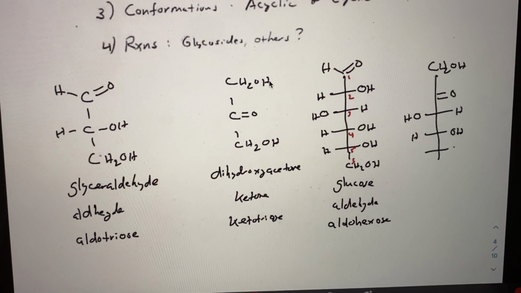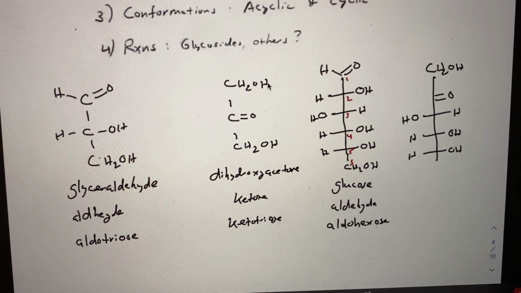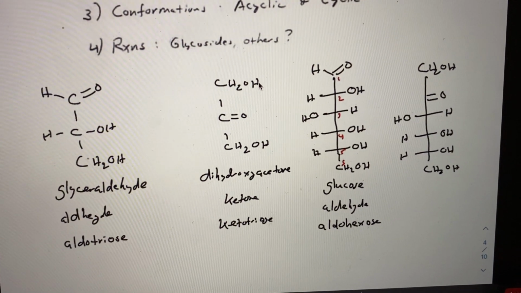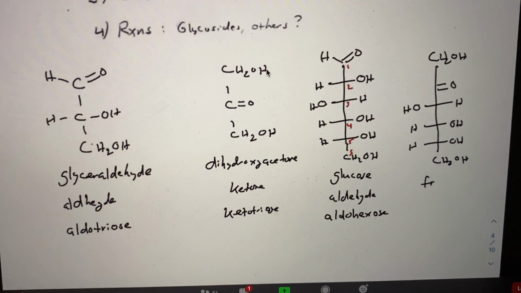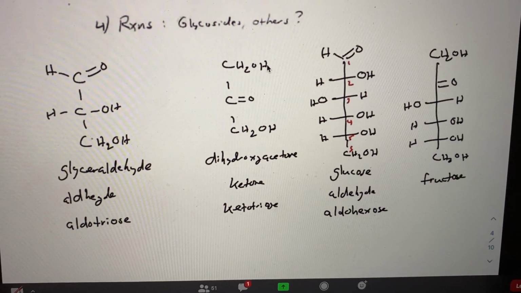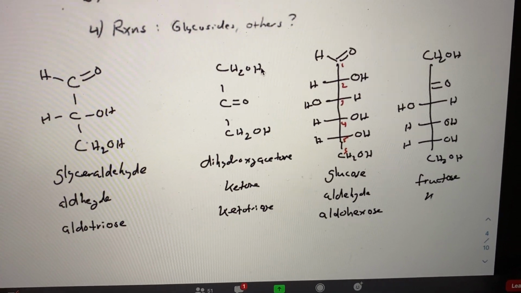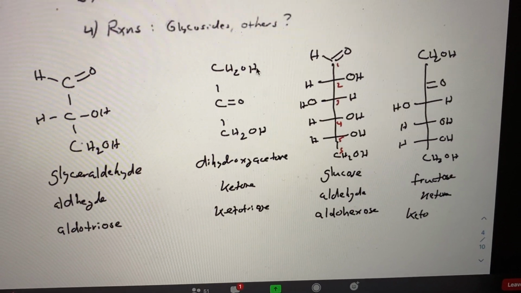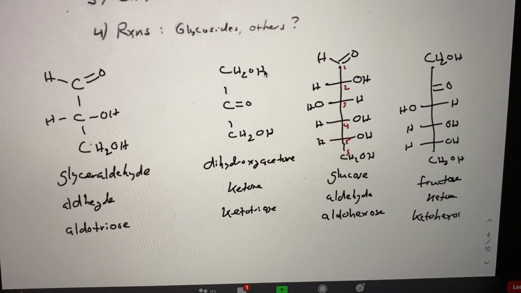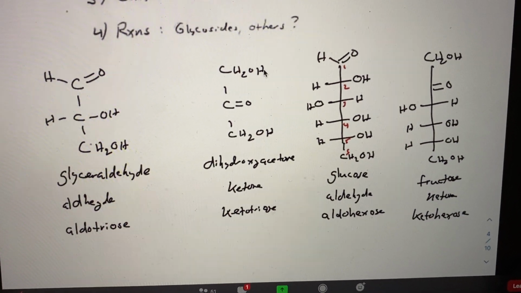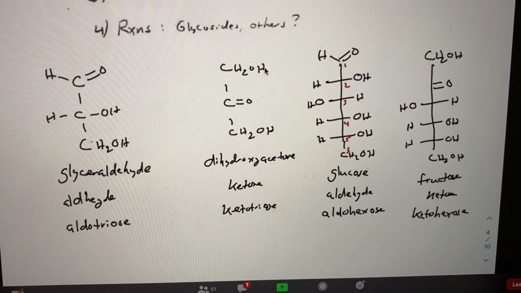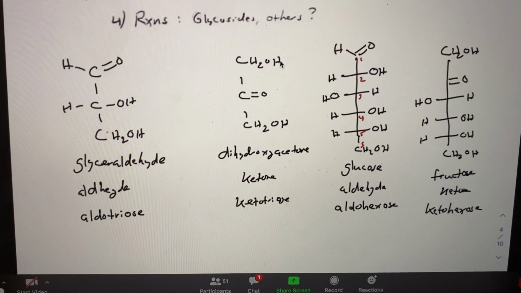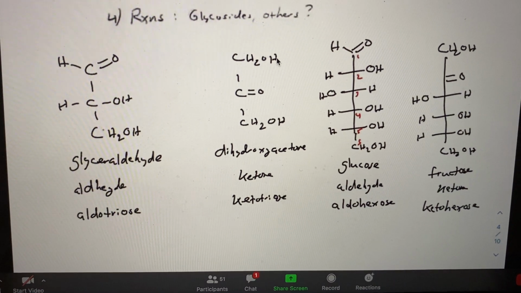Let's decorate this with a bunch of hydroxyl groups, and like this at the bottom. And this is one more very common sugar. This is fructose. It's a ketone. And so this is going to be known as a ketohexose. So a little bit of new language, but hopefully one can see systematically what's being described. If it's an aldehyde or a ketone, how many carbons, and then the ose indicates the sugar.